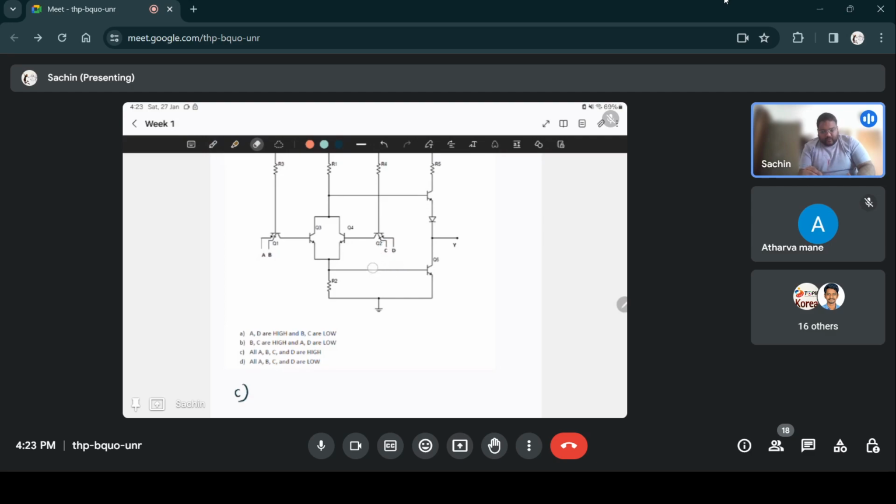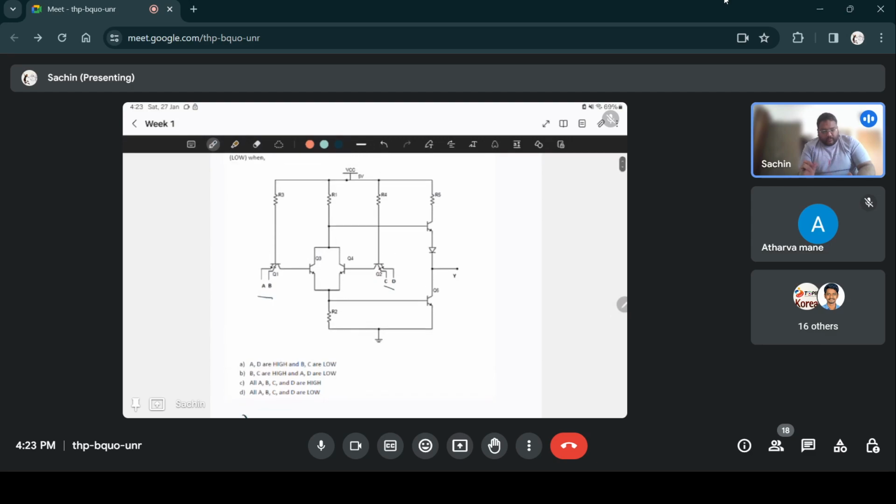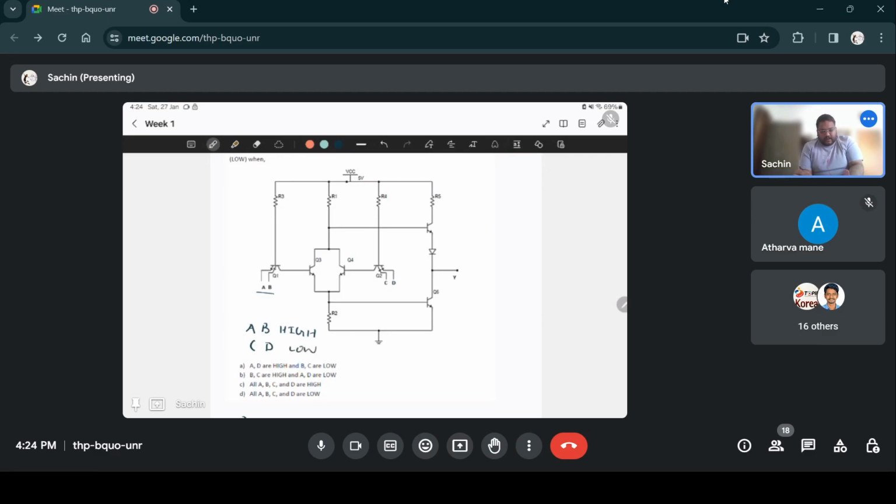So if at least one of the inputs in the two branches is low, then your output will be high. Suppose there was an option saying A and B are high, but C and D are low. This option would also be right. This would also give you an output which is low, but none of the options are in this pattern.